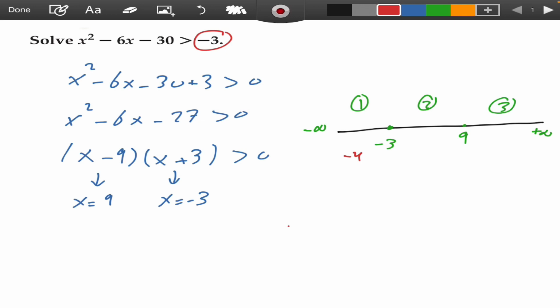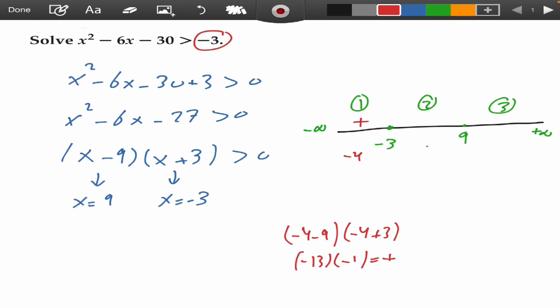Replacing to know the signs. Negative 4 minus 9, negative 4 plus 3 is going to be negative 13 and negative 1. When you multiply them, the sign is positive.